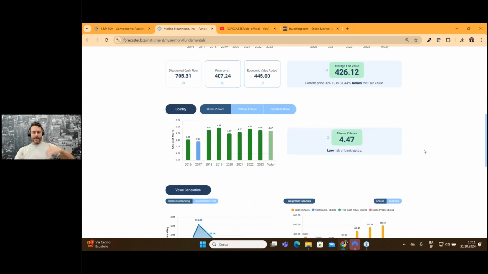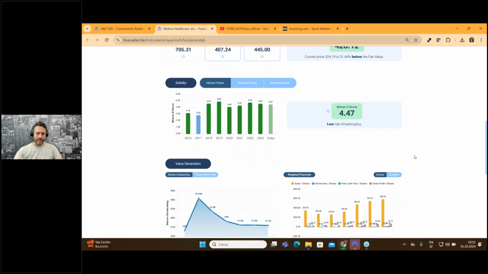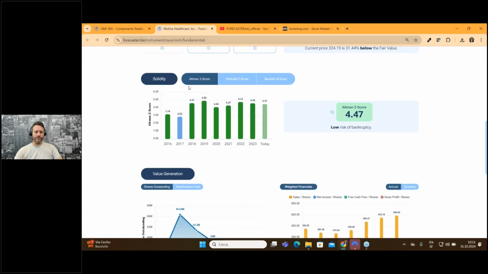So we can go further in the analysis, and we can see the solidity section where we can find a very solid Altman Z-score, which tells us that the company has a very low risk of bankruptcy. Very important when we would like to decide if a company has strong potential in the long run.